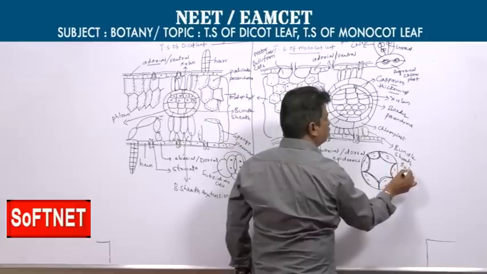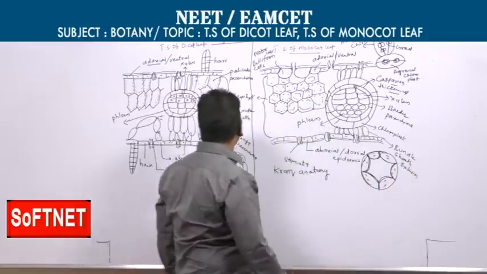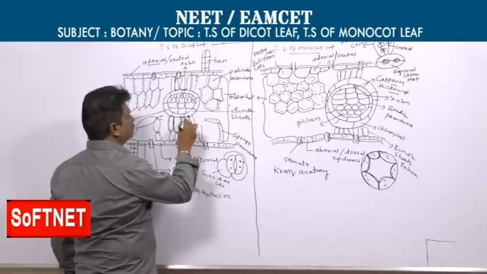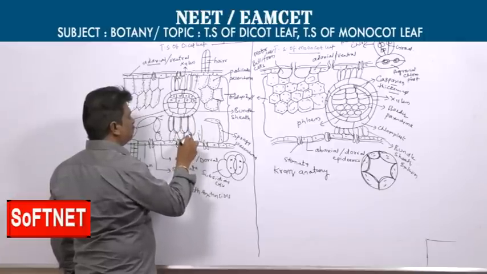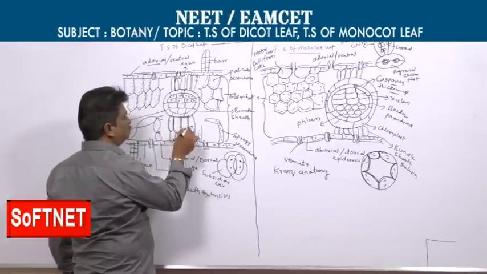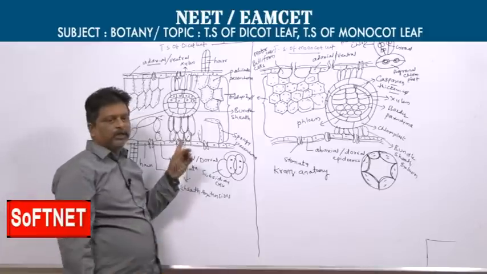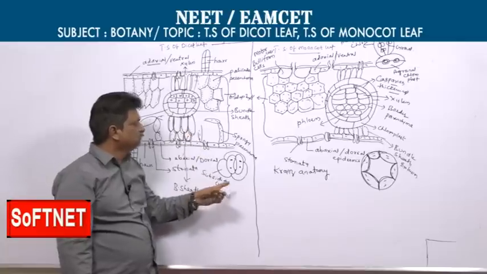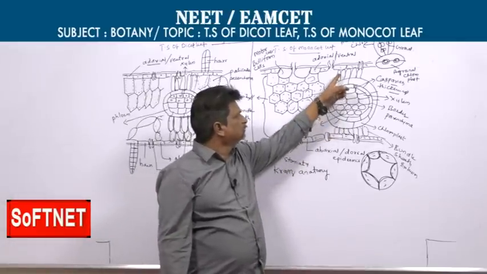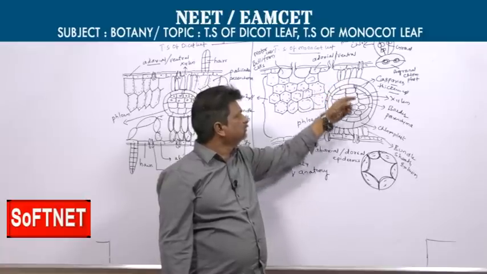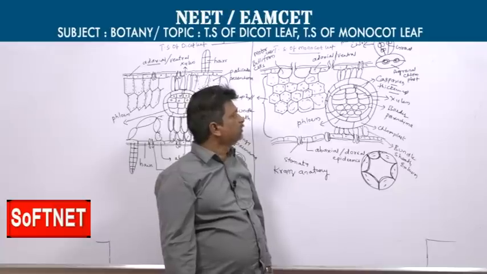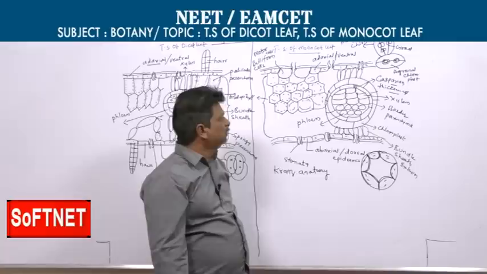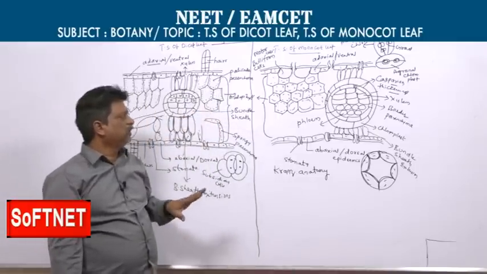In dicot leaf, bundle sheath extensions are collenchymatous, and they provide mechanical support. What type of mechanical support? Elasticity or tensile strength. In grass leaf, these bundle sheath extensions are sclerenchymatous, and they provide only mechanical support.